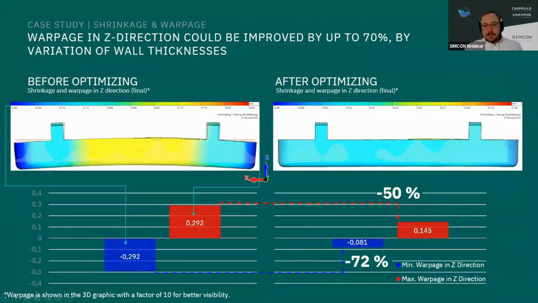Looking at the Z warpage, it's a reduction of up to 70% of the warpage. Well, this might be a very drastic example in which I changed everything I basically could change. This is not always possible in reality, and it's not always those minus 50 and minus 70%, but just to give you an idea what can be possible in general when using geometric variations.